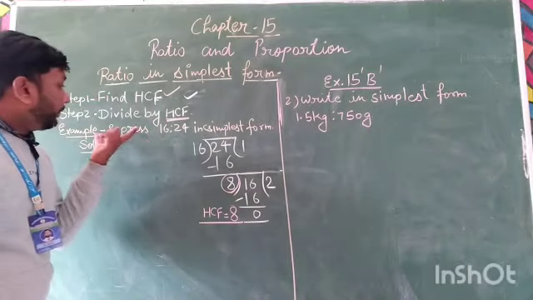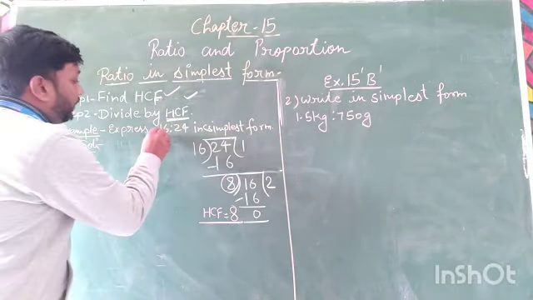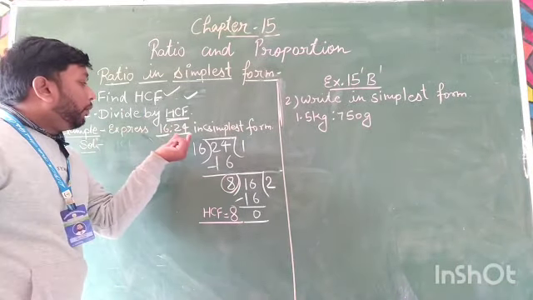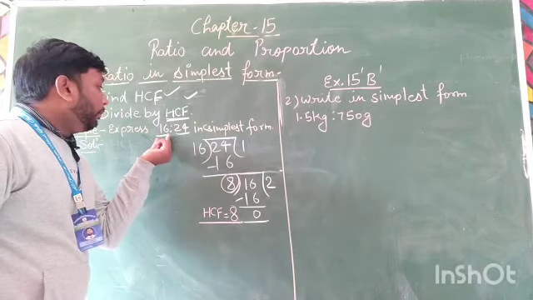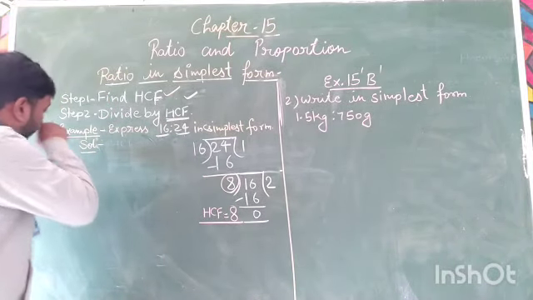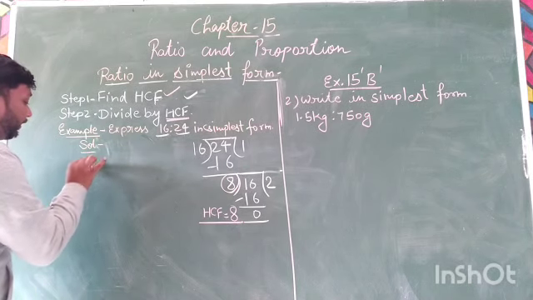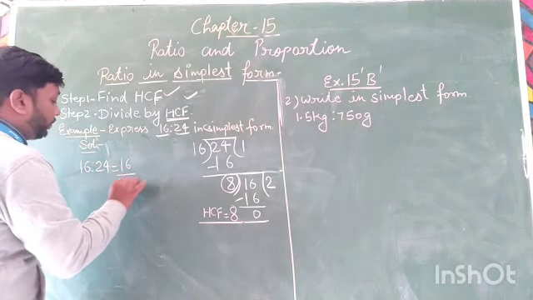Now second step, we divide both the quantities. First quantity is 16, second quantity is 24. We divide both quantities by the HCF. We write 16 ratio 24, which can be written as 16 upon 24.